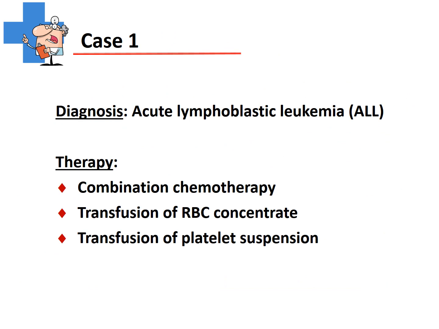Now, the treatment of lymphoid leukemias. Mostly they are going to apply combination chemotherapy. They are going to combine different chemotherapy agents, or biological treatment should be used as well. Transfusion of red blood cells and platelets to replace them is important. So these are the maintenance therapy of the patients.